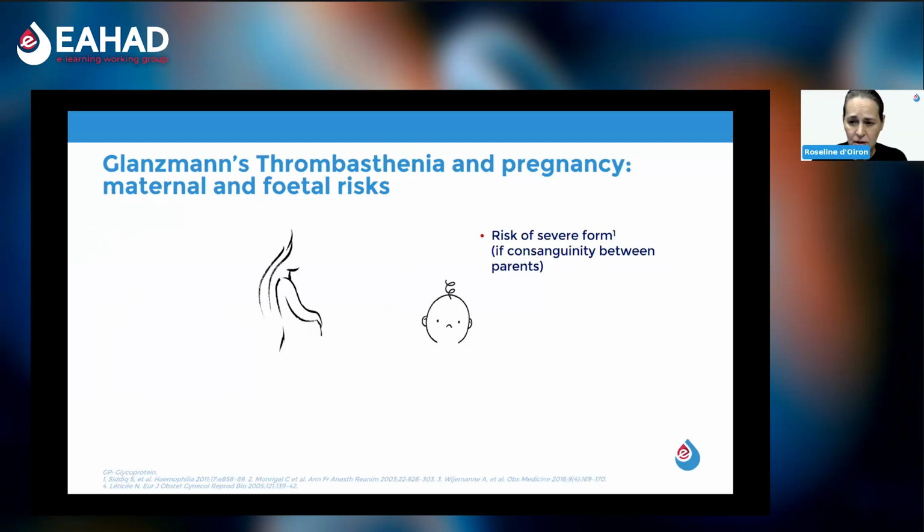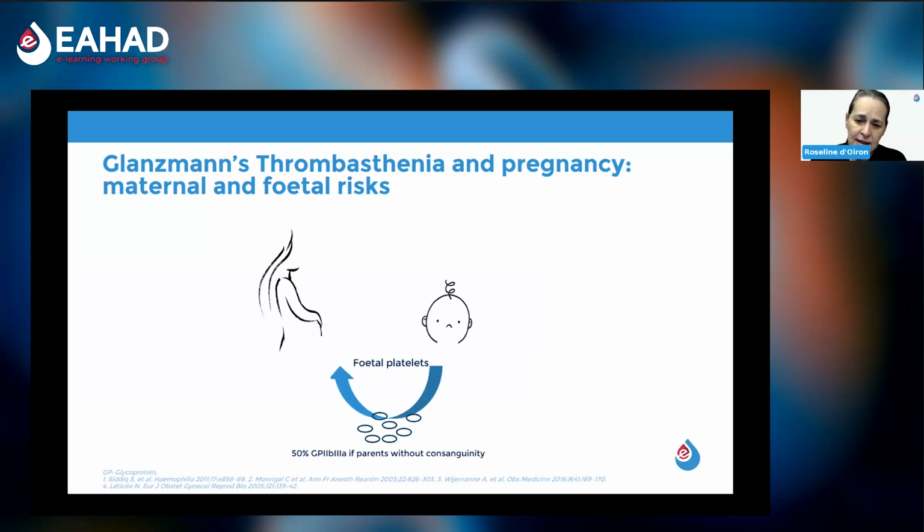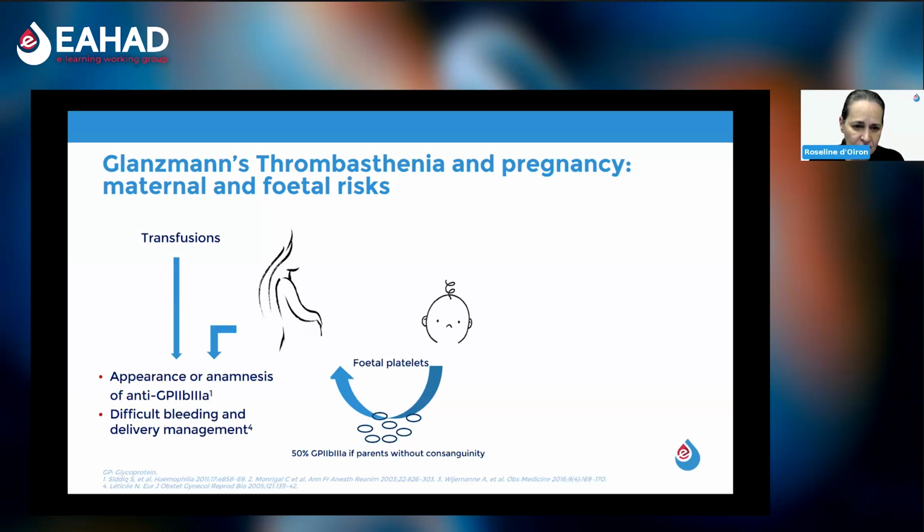So first you take the risk of transmission of a severe form in case of consanguinity between the parents. If this situation has been eliminated, then if the fetus may express a normal level of GPIIb/IIIa, or at least 50%, if the parents are not consanguineous, those fetal platelets may cross the placenta and cause just like a transfusion in the mother with Glanzmann Thrombasthenia.